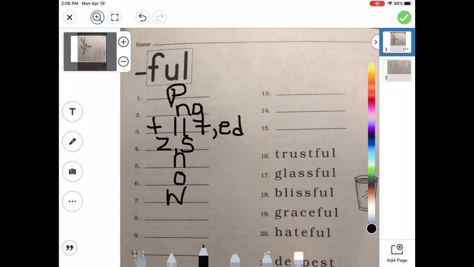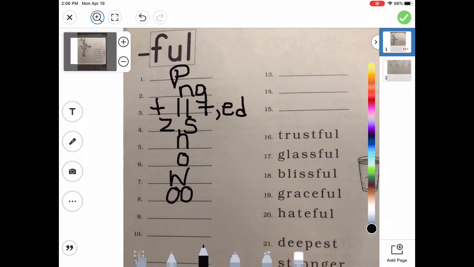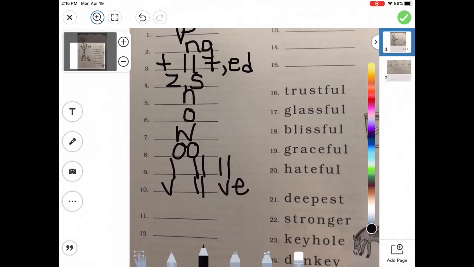How about ooh? O, perfect. How about ul? It can be L or it can be final LL. All right, and then for our last sound, how about the v sound? That's right, V, but if it's at the end, it's final VE because we can't leave that V by itself.